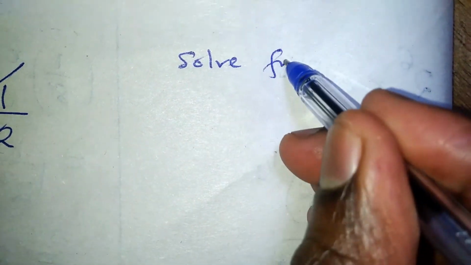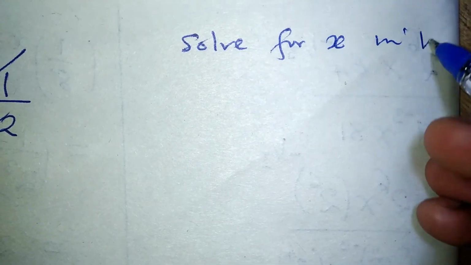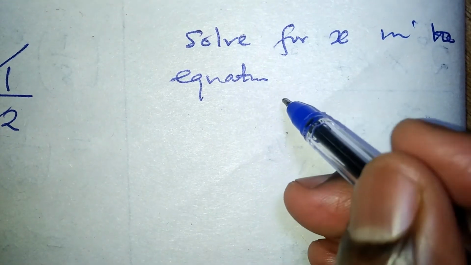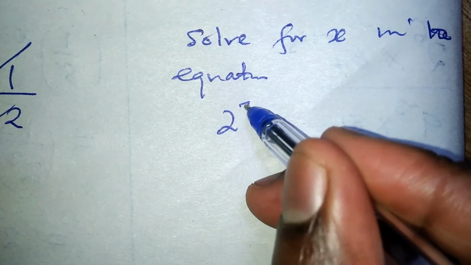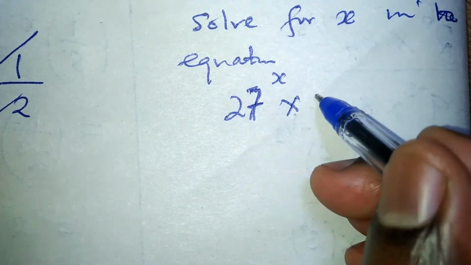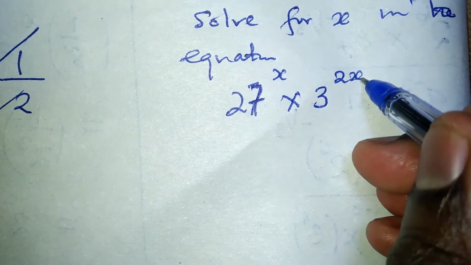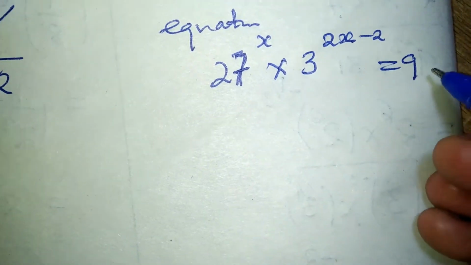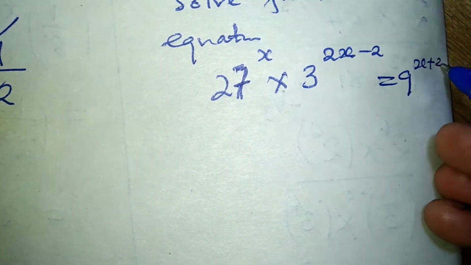Another example is where we have an equation to solve. We are told to solve for x in the equation 27x times 3 raised to 2x minus 2 is equal to 9 raised to x plus 2.